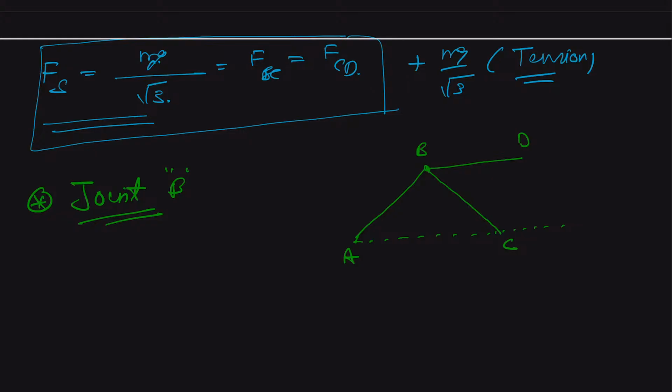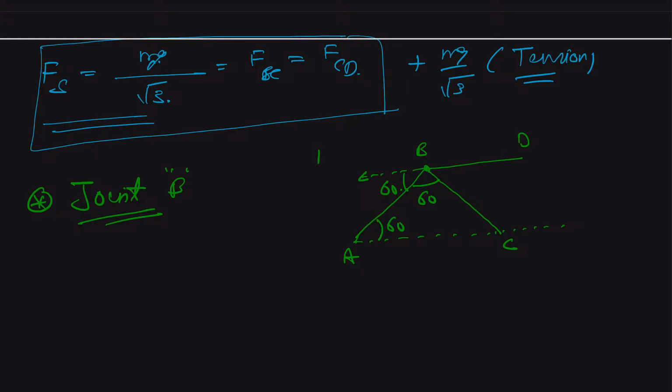So this angle will be 60, equilateral triangle, this angle will be also 60, and this angle will be also 60. So therefore the force FBA or AB can be divided further into two components.